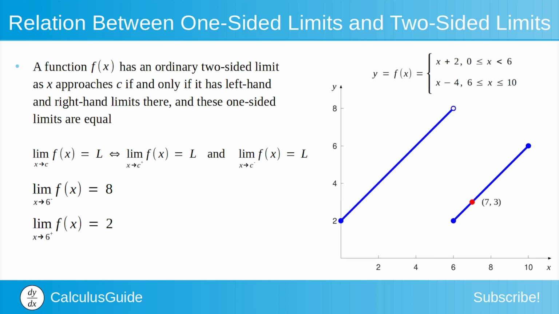As x approaches 6 from the positive side of 6, the value of f of x approaches 2. These one-sided limits are not equal, so the function f of x does not have an ordinary two-sided limit as x approaches 6.